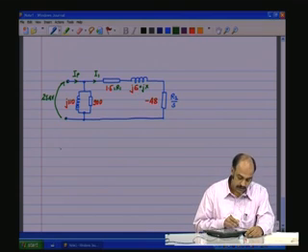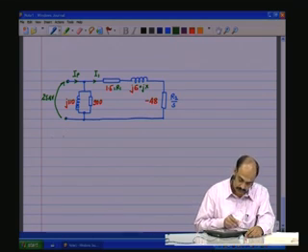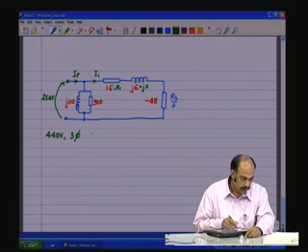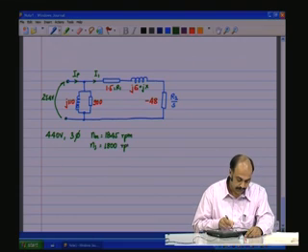Now from this, let us have the synchronous speed. Let us say this is a 440 volts 3-phase motor, and it is having an NM of 1845 RPM, driven at that speed, and we have the synchronous speed given as 1800 RPM.